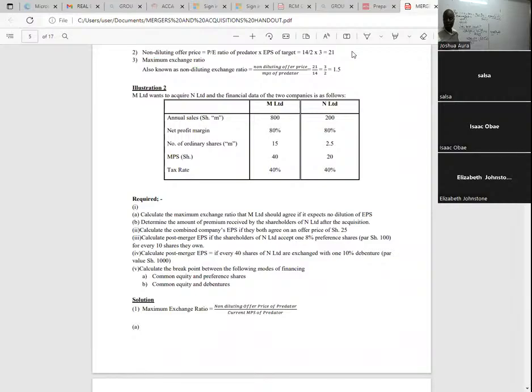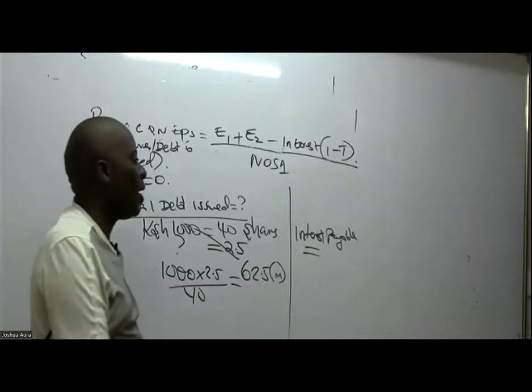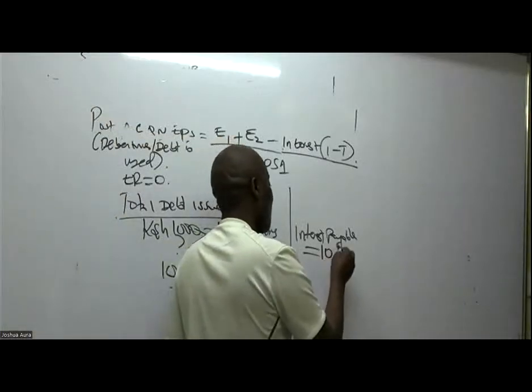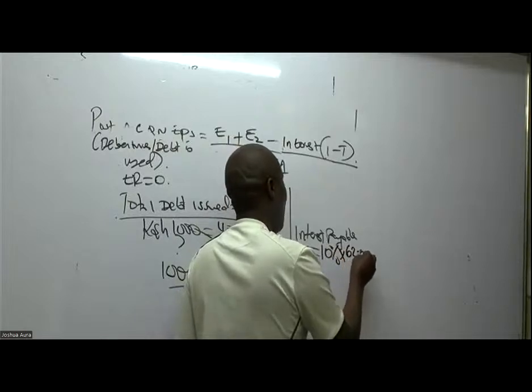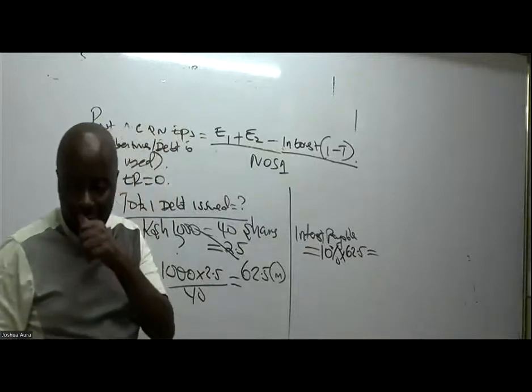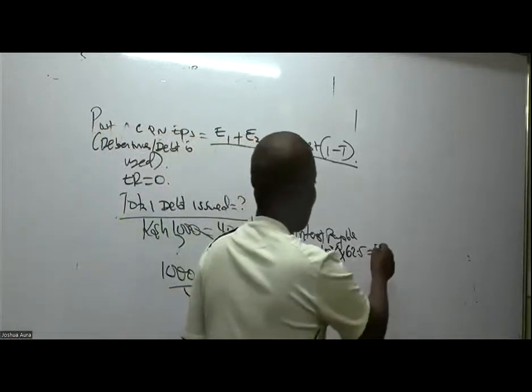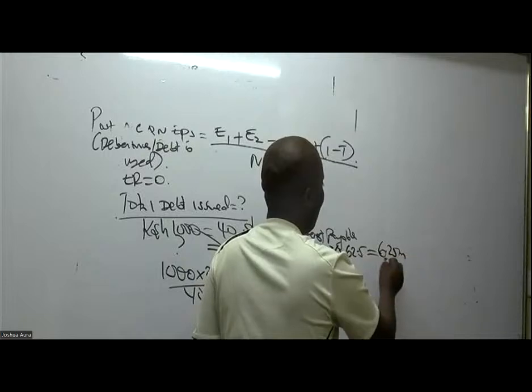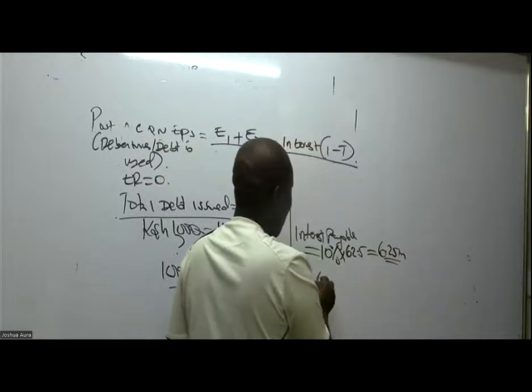So this will be 10% of 62.5. So interest will be 10% of 62.5, which will end up giving me what figure? 10% of 2.5 is very easy, 6.25 gross. So 6.25 million. And then, of course, they have given me the tax rate.